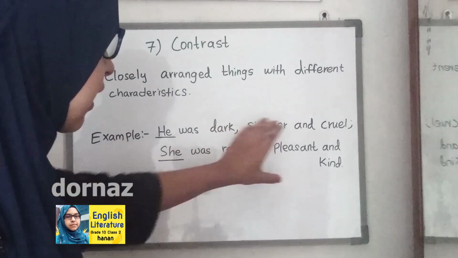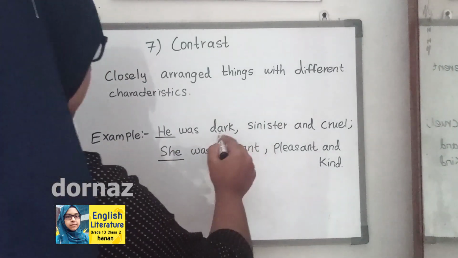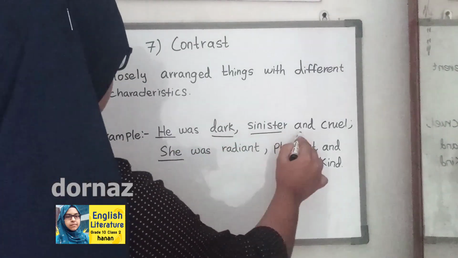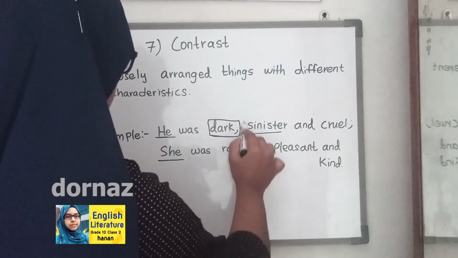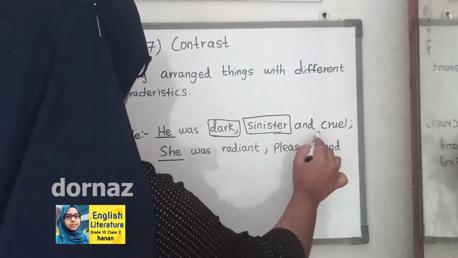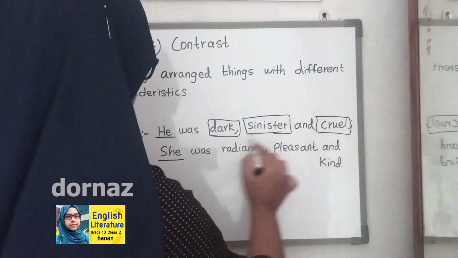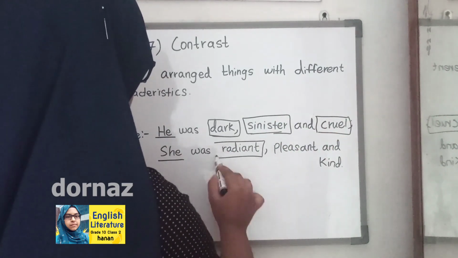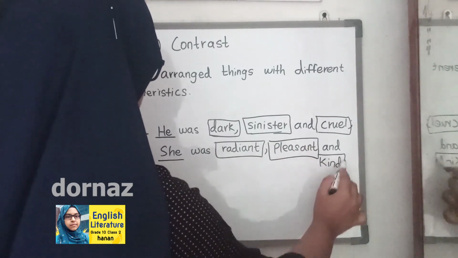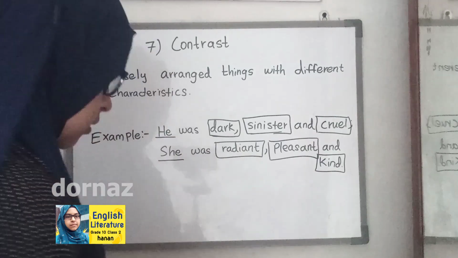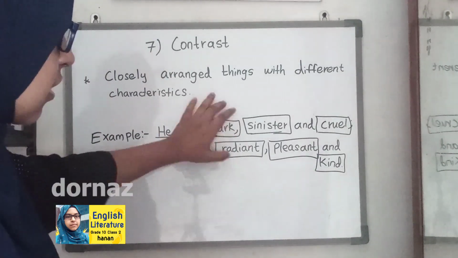So these we call characteristics. These are the characteristics of two persons. But these are different from each other.